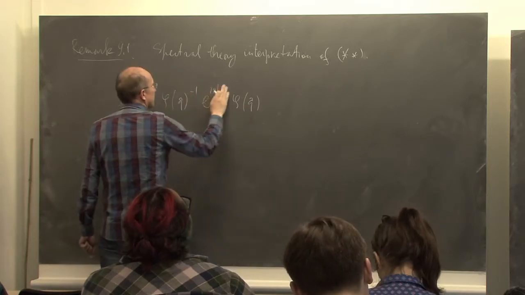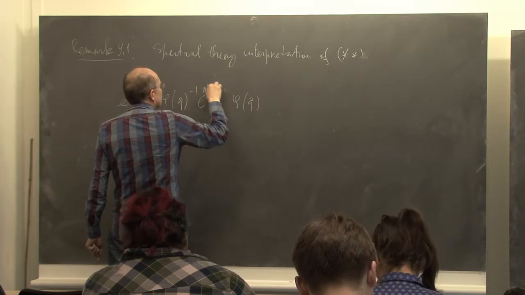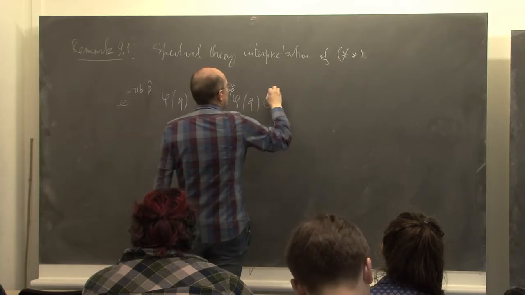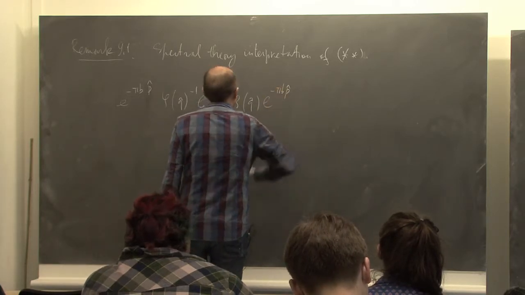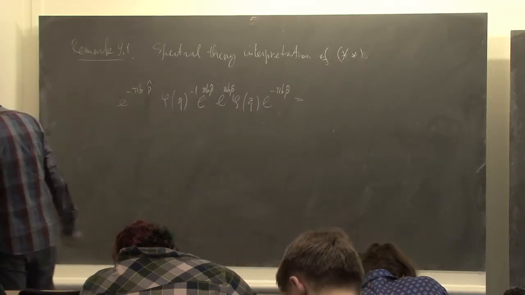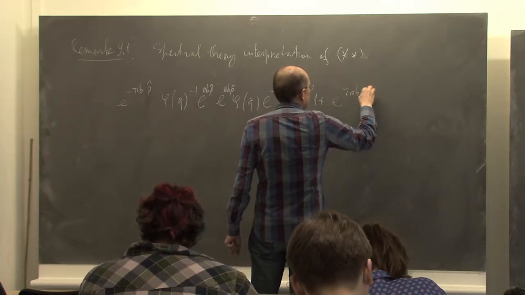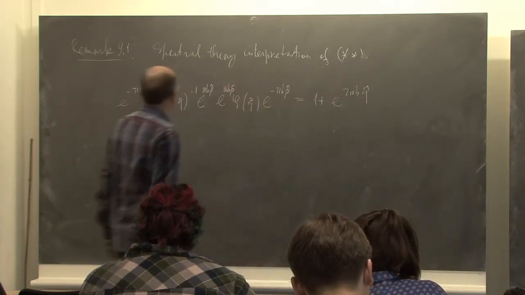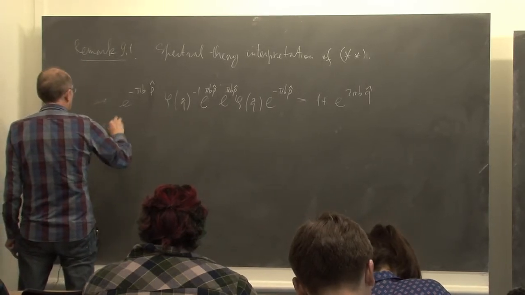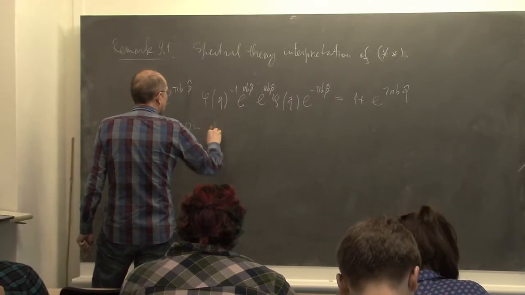Here twice, right? But we wrote it like pi b p, and once more pi b p, E minus pi b p, and all that was equal to 1 plus E 2 pi b q. Right, that's an equivalent form of double star.